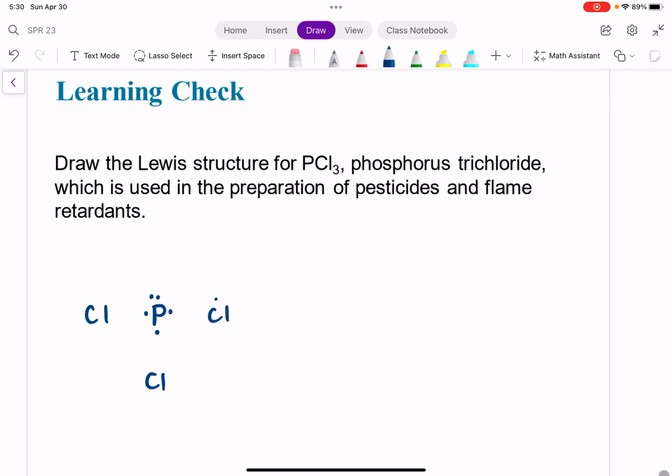So let's go ahead and draw those. 1, 2, 3, 4, 5, 6, and 7, for each of the three chlorines.